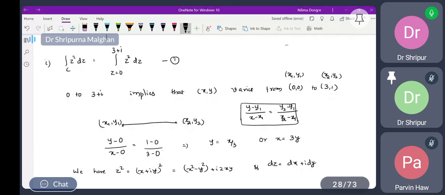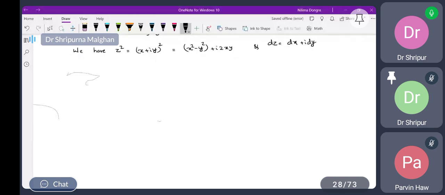Therefore integration over C of z square is equal to integration from 0 comma 0 to 3 comma 1. When there are two variables we have to write both. It is x square minus y square plus i 2xy, this is your z square, into dz. And dz becomes dx plus i dy.